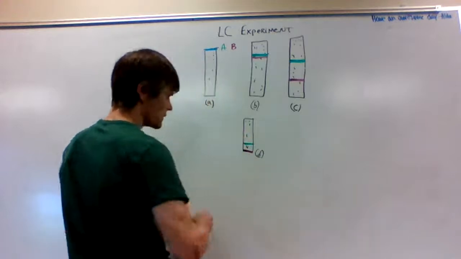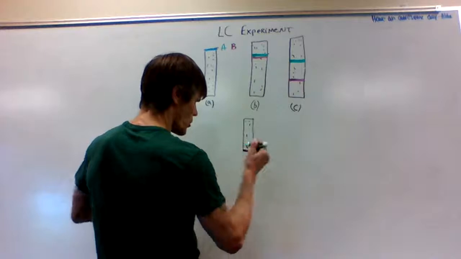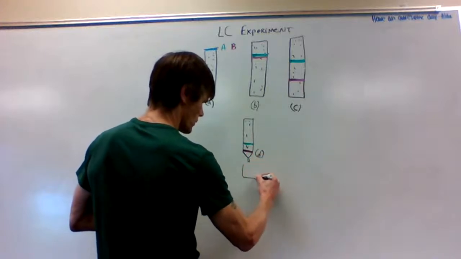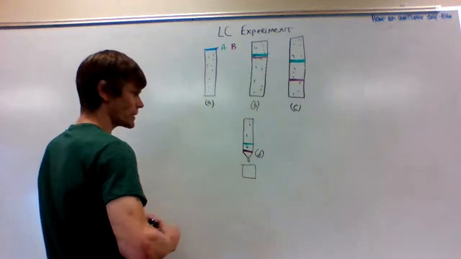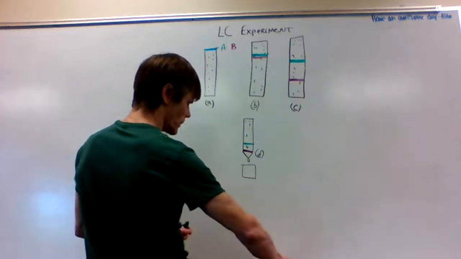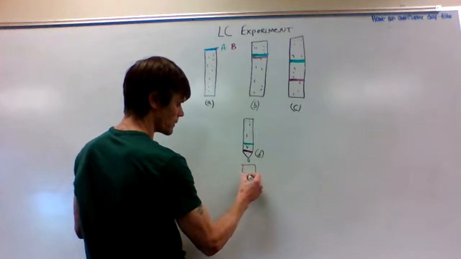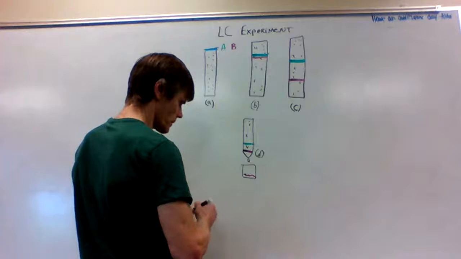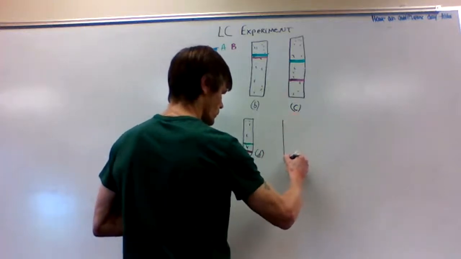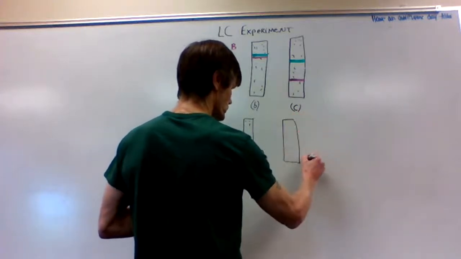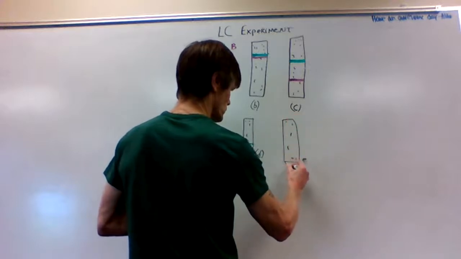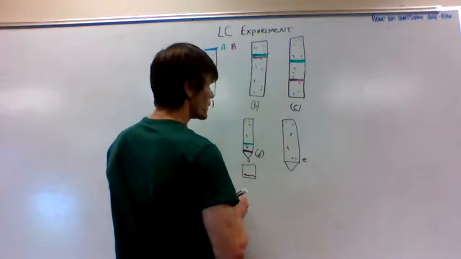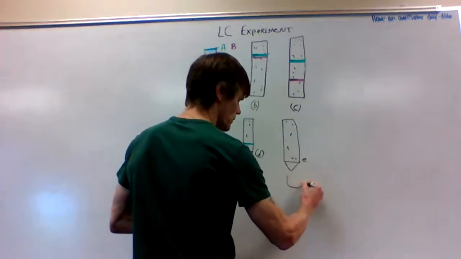And if we had a little stopcock or an opening at the bottom, and some type of collection vessel, we'd probably be able to collect B here. And at a later time, if we wait a little bit longer, we would be able to collect a separate portion that has our sample A in it.